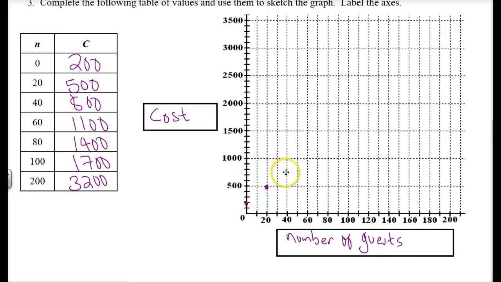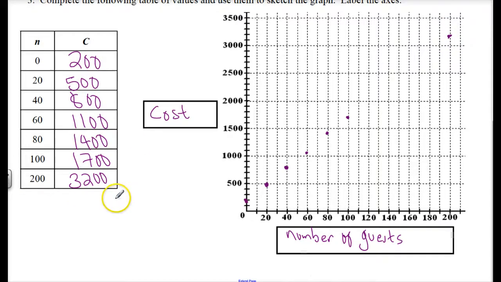So you have to watch your scale. 60 people, 1100. 80 people is 1400. 100 people, 1700. And 200 people is 3200.